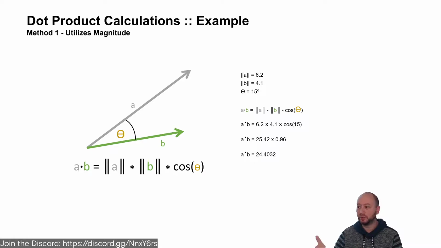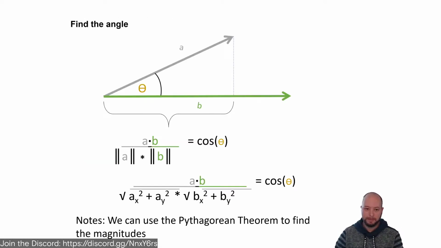So say you don't know theta, but you know everything else, you know the dot product and you know the magnitudes, you can determine what the angle is, which we'll see in the next method of determining the dot product. And so here you can see that running through, and we can figure out what the magnitudes are using the Pythagorean theorem, which you're probably pretty comfortable with at this point.